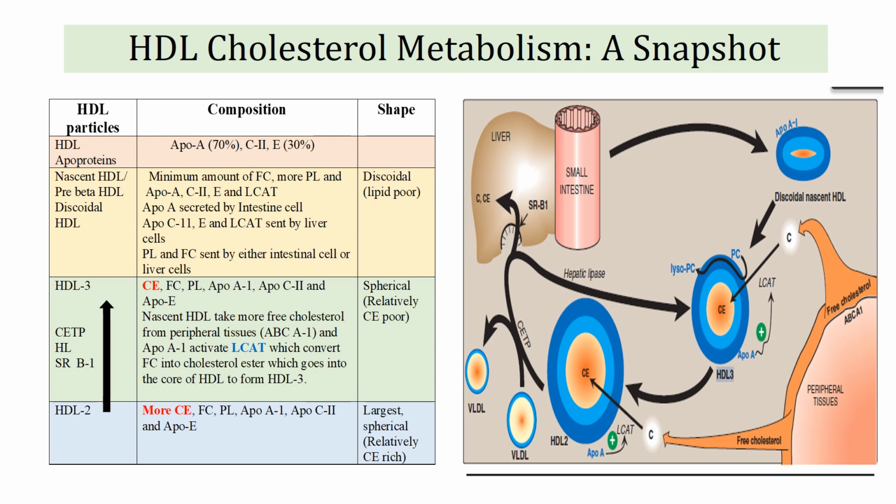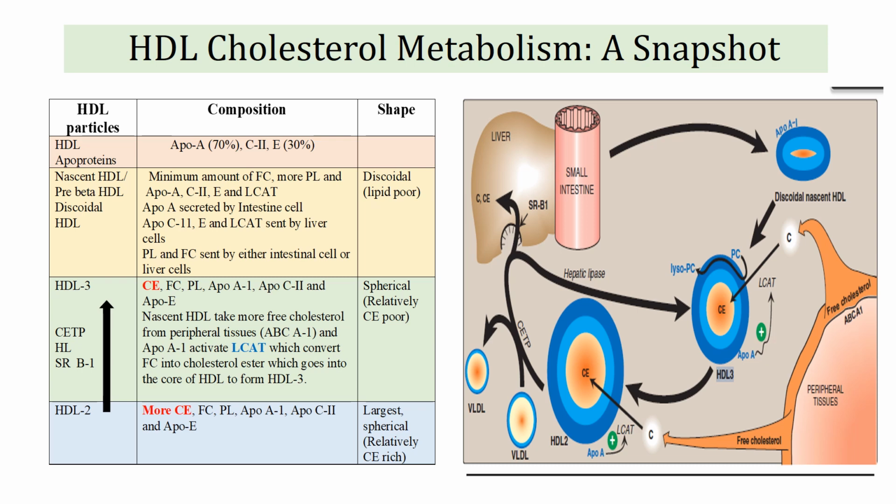Now HDL3 takes more free cholesterol from peripheral tissues, and with the help of LCAT, cholesterol ester is formed and accumulates in the core of HDL to form HDL2. This is also spherical. With the help of cholesterol ester transfer protein and phospholipid transfer protein, HDL2 transfers its cholesterol ester and phospholipid to VLDL, IDL and LDL and takes TG from them in exchange.